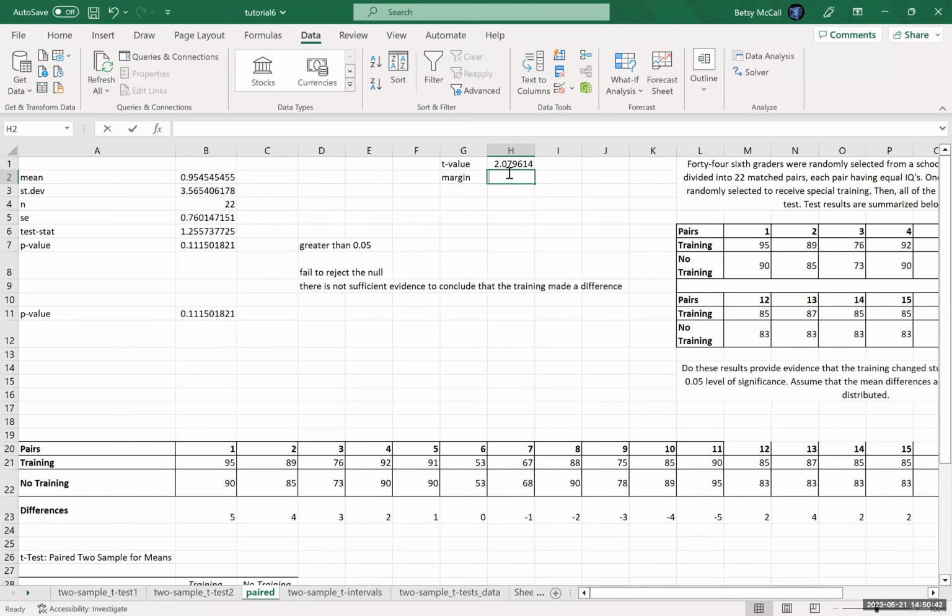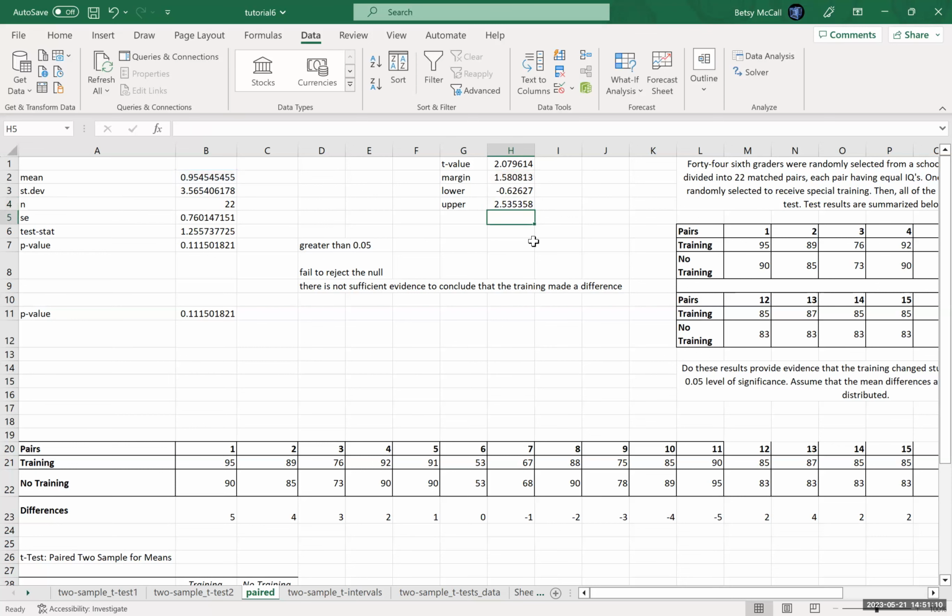And then our margin of error is going to be our t value times our standard error. And then the lower bound and the upper bound are going to be the mean minus the margin of error and the mean plus the margin of error.